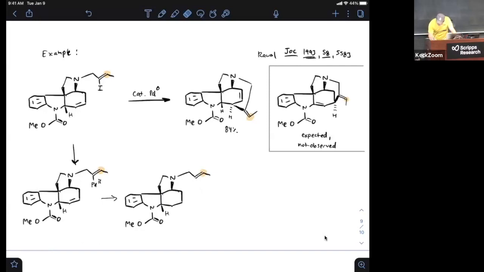I'll draw this with a really awkward looking bond angle, but hopefully forgive me. So those two groups are cis, and here the facial selectivity is dictated by the overall topology of the molecule. And aha, look, we've got a nice coordinating lone pair here that can form a dative interaction.